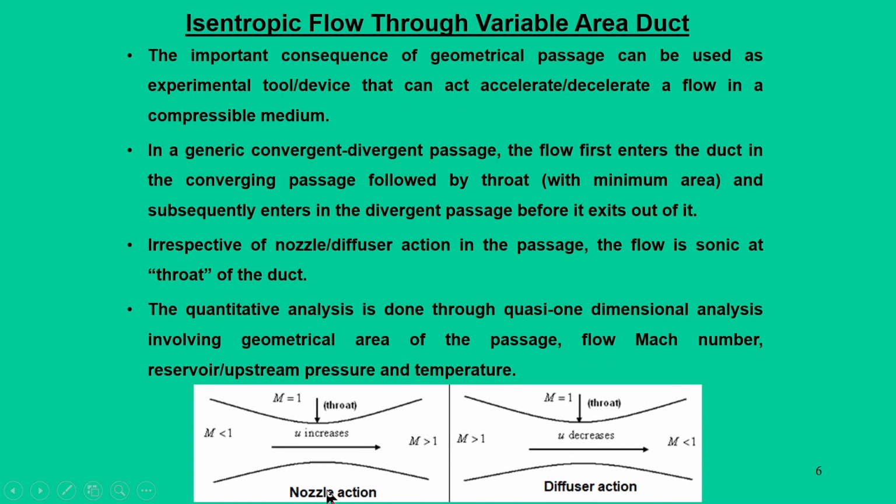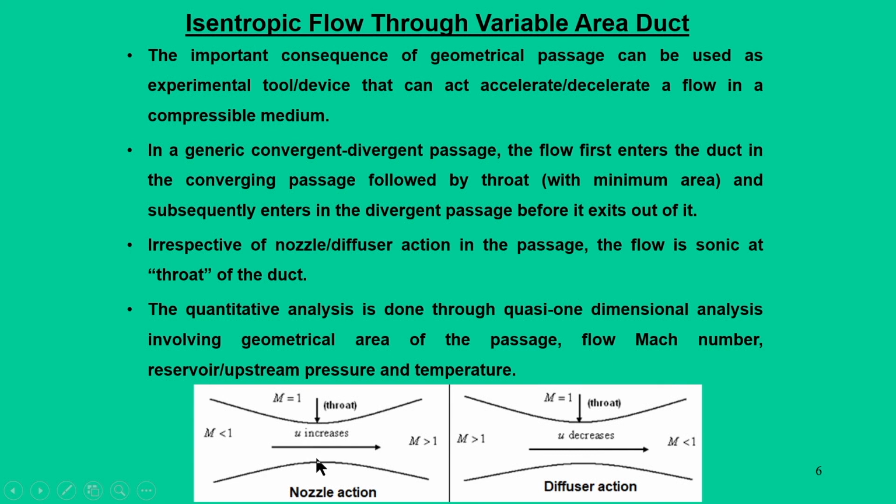Now, if you look at a particular figure of a convergent divergent passage, in one case it is used for nozzle action and in the other case for diffuser action. With the very basic philosophy, if the inlet flow is subsonic, this subsonic flow, when it sees a converging passage, its velocity increases and it becomes sonic at the throat, that means at the minimum area.